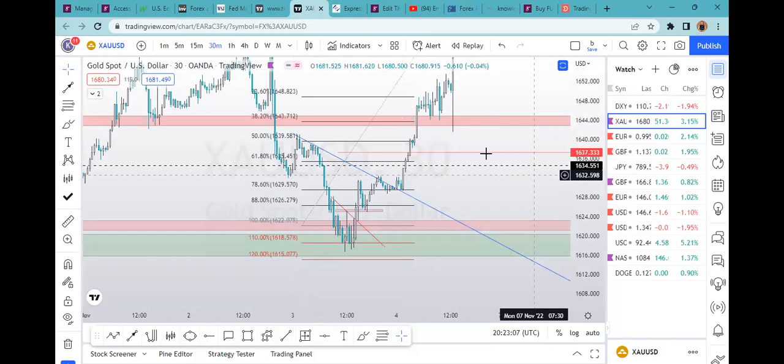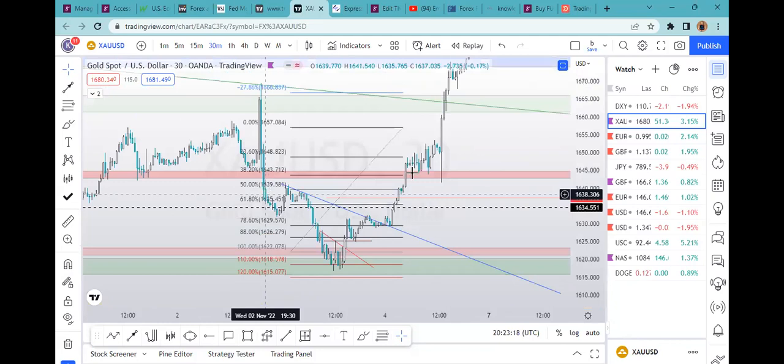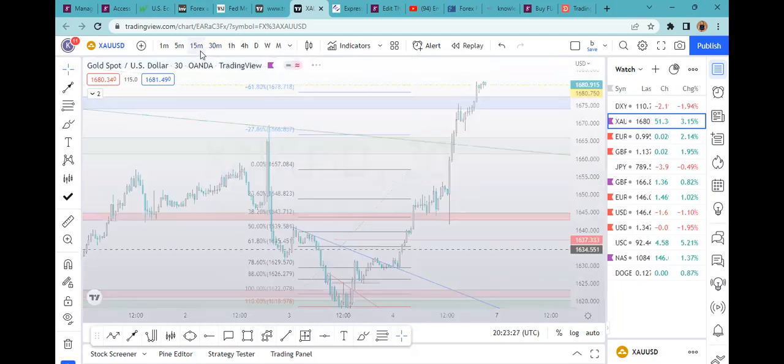My TP was going to be this previous area where we pushed down from and never got a retest. But we broke that area and retested it as support.